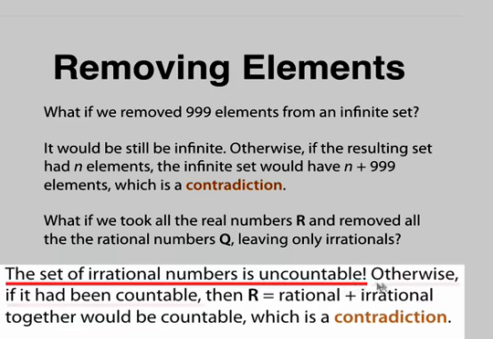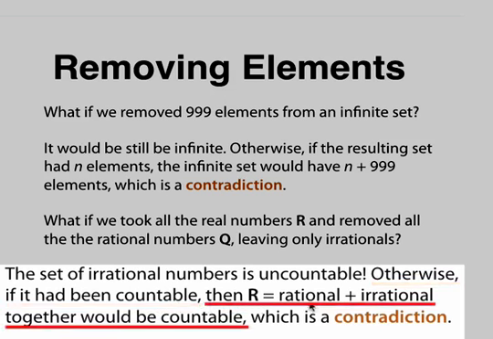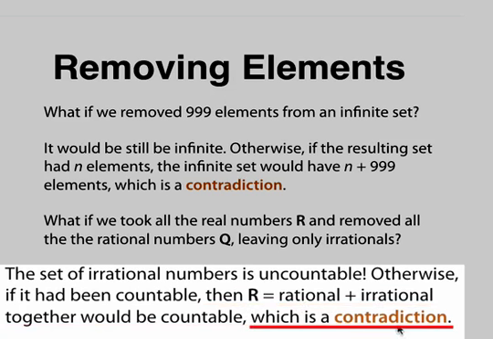Again, we can show this the following way. Suppose that you're left with a countable infinity. Suppose that there were countably many irrational numbers. Well, R consists of the rationals and the irrationals. And we've shown that the union of two countable sets is countable. So R, which we know is uncountable, would have been shown to be countable, which is a contradiction.